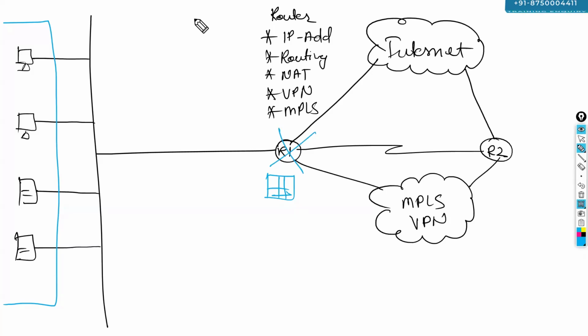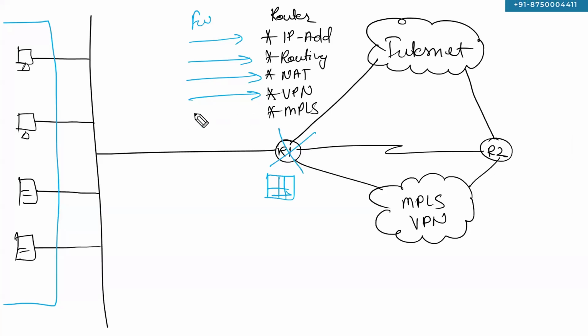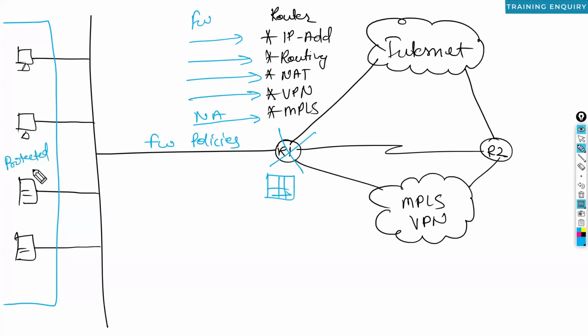When we replace our router with a firewall, we need to do IP addressing again, routing again, NAT again, VPN again. MPLS you have to configure, but the problem is this: a firewall doesn't support MPLS. MPLS is not applicable. After that, you will configure firewall policies. When you configure firewall policies, then you can say, yes, your network is protected.